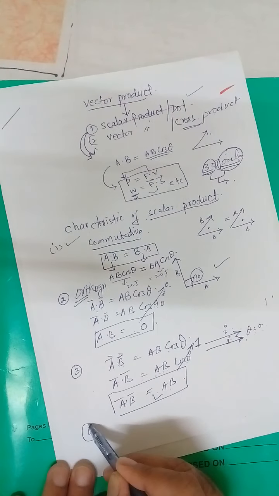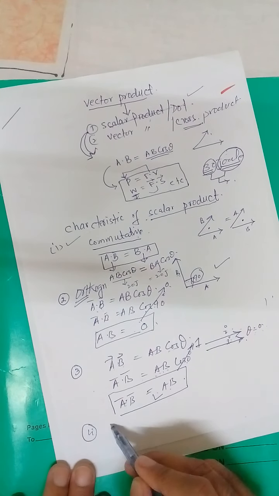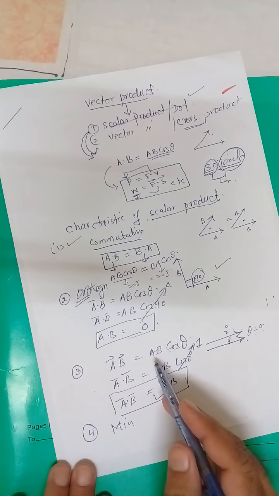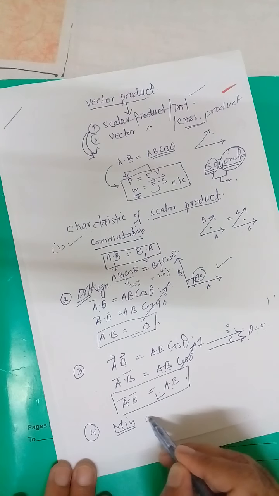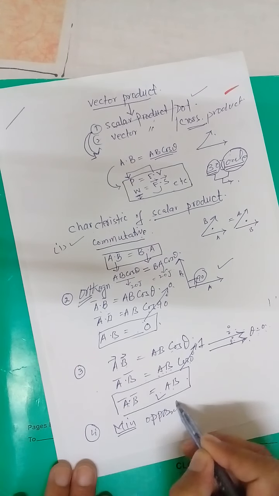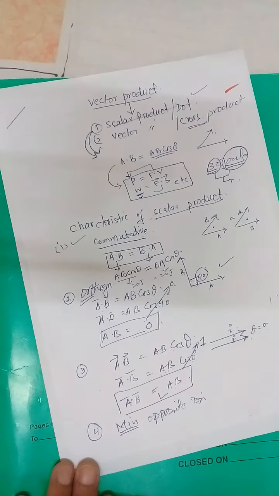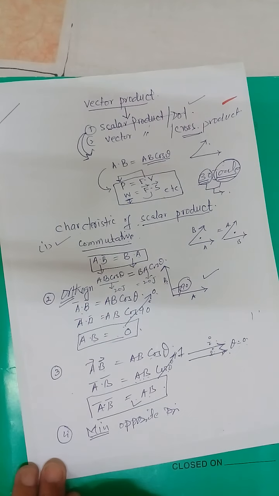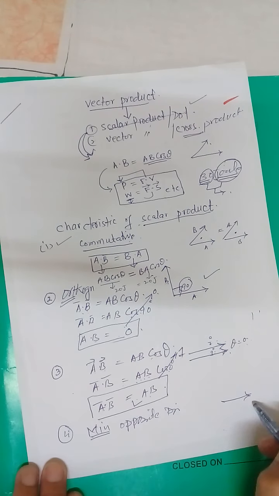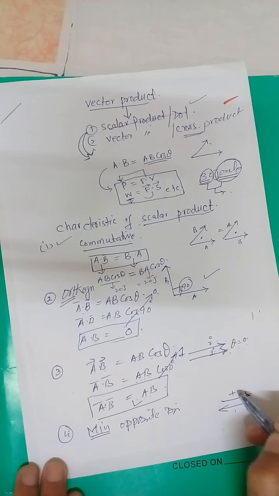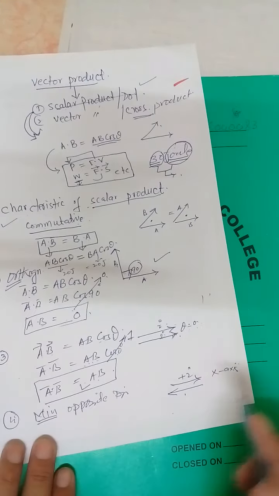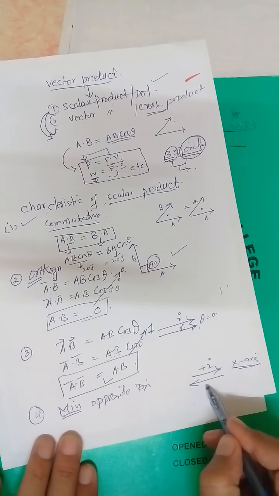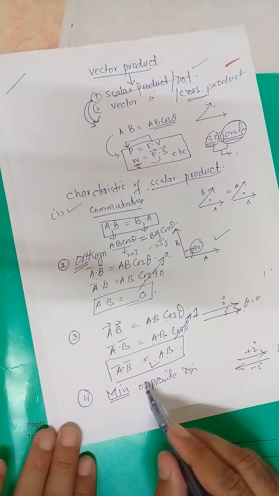Number 4 is minimum value. Parallelism property, orthogonality. Now we are going to discuss minimum, or opposite direction. If two vectors are opposite in direction, one is in this direction, the other in this direction. So this is positive i, let's say, along the positive x-axis, and this is negative x-axis.